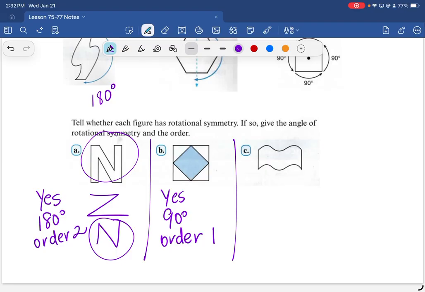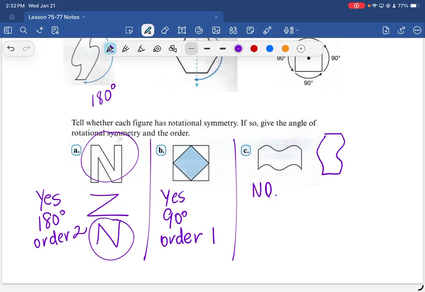And then lastly, this one does not have rotational symmetry. Because if I turned it, it would look something like this.